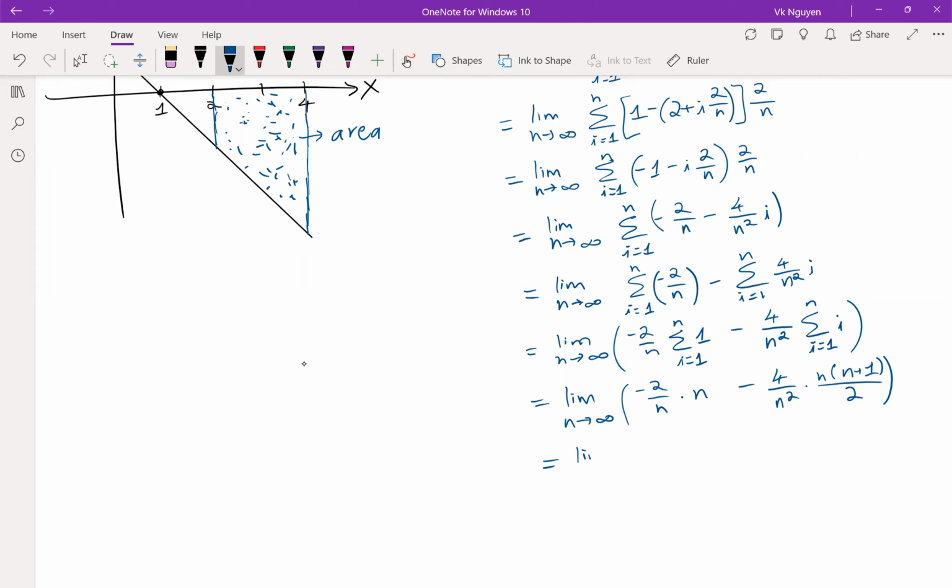What we have is limit n goes to infinity of minus 2, minus 2, because 4 divided by 2 is 2, and n plus 1 over n squared.